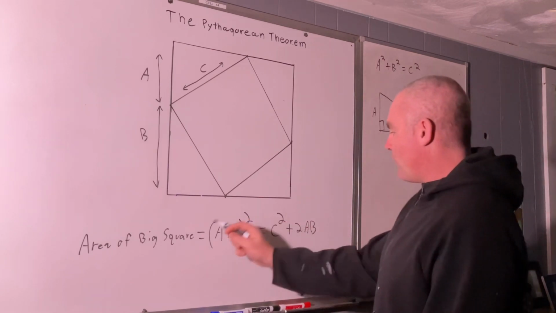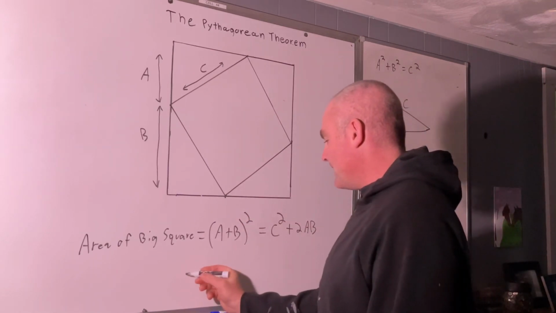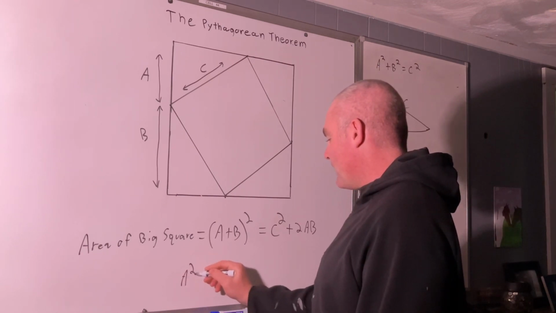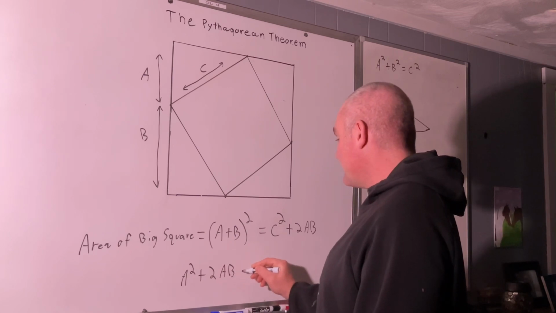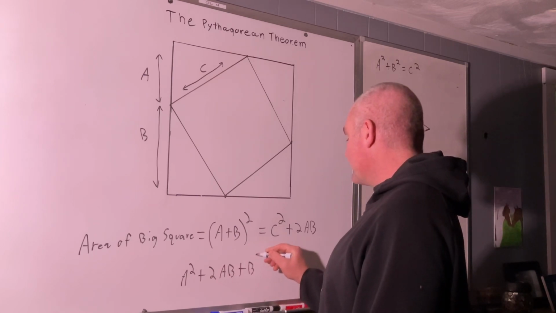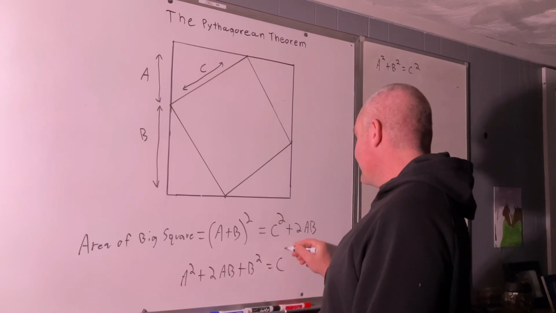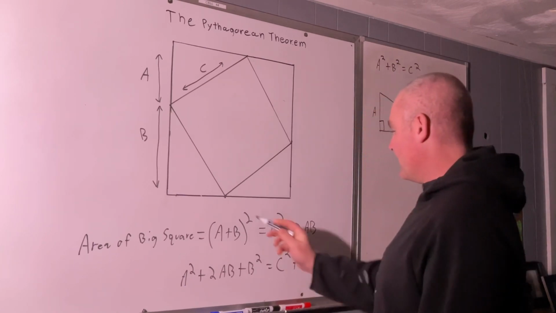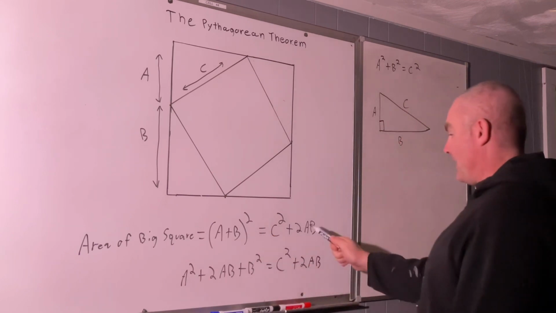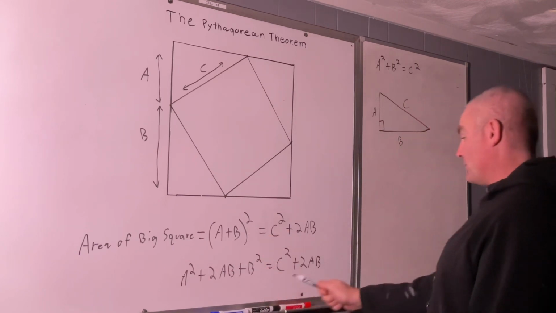All right, let's FOIL this out. Foiling that out, we get A squared plus 2AB plus B squared is equal to C squared plus 2AB, right? This is equal to this, and this is equal to this.